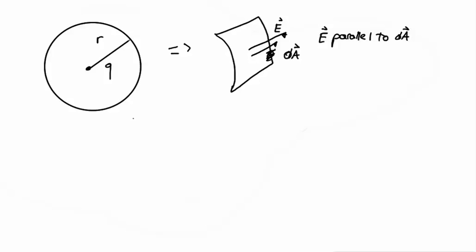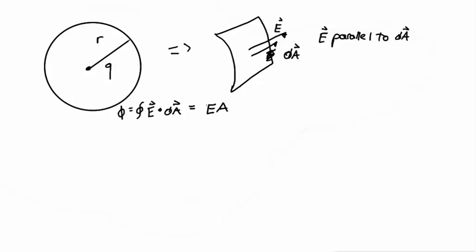Now if we look at the definition of Gauss's law, the flux through a surface is equal to E dot dA integrated over the entirety of the surface. But luckily, you don't have to do this hairy integral. Since E and dA are parallel, the dot product is just the two multiplied together.